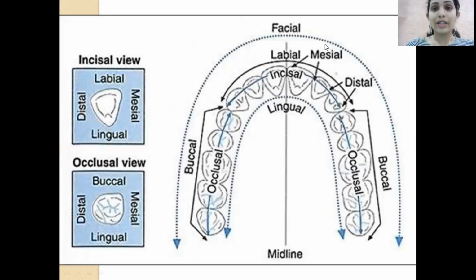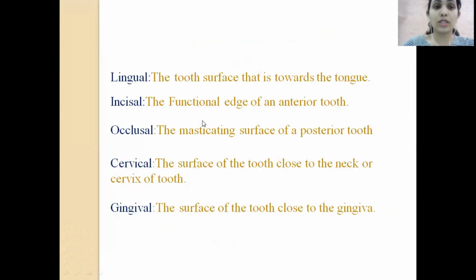Here in the diagram, as you can see, the mesial line is a line which is present towards the midline and the distal line is the one which is present away from the midline. Labial towards the lip, lingual towards the tongue, buccal towards the cheek. So the lingual is the tooth surface that is towards the tongue. Incisal is the functional edge of anterior tooth. Occlusal is the masticating surface of posterior tooth.